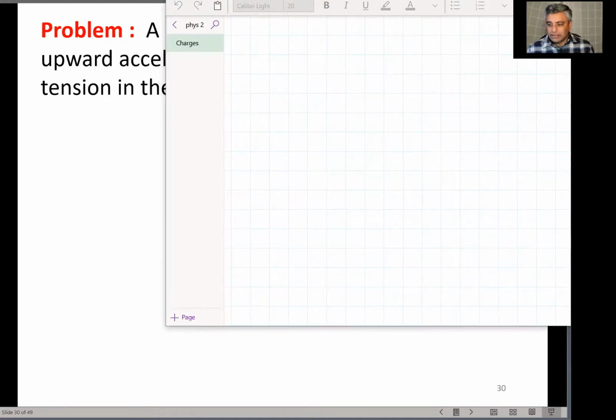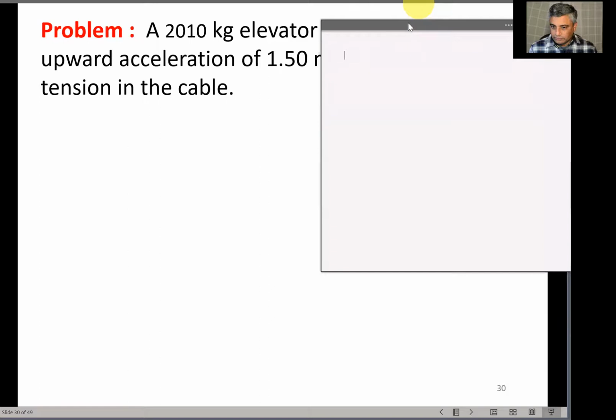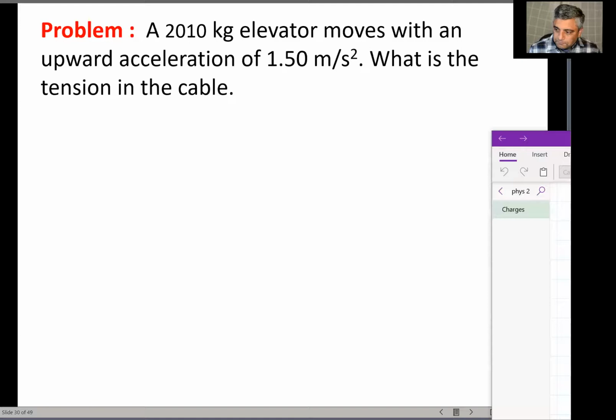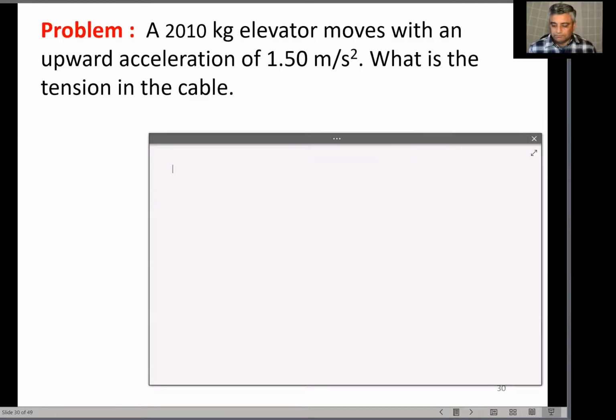Blocking things. So the object of interest here is the elevator. So just put a dot for the elevator and draw forces acting on the elevator.